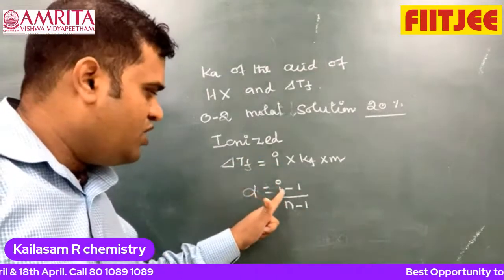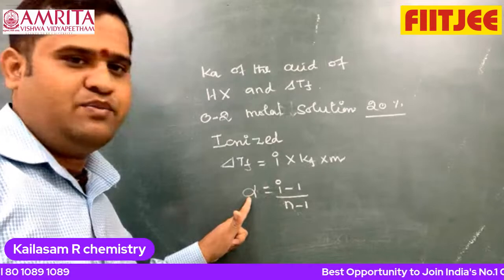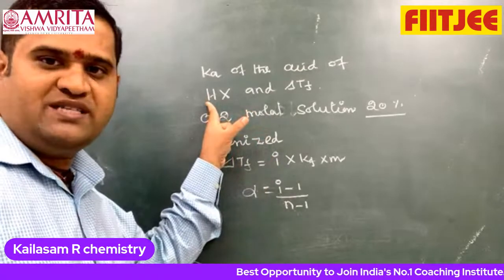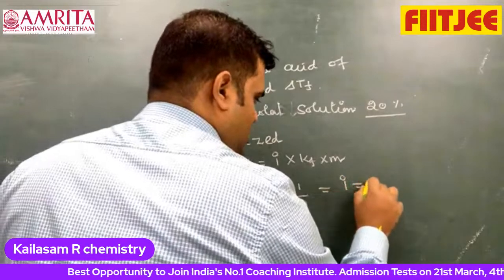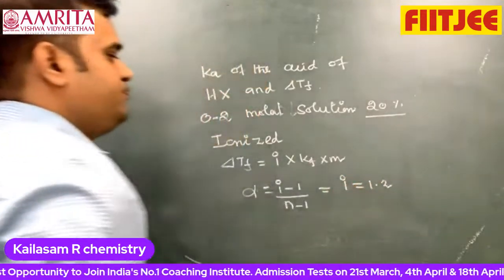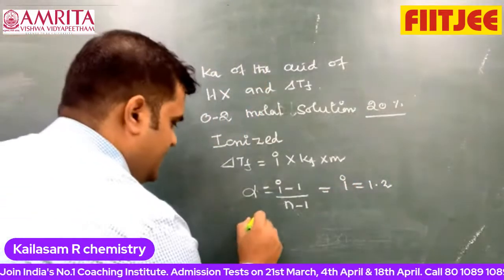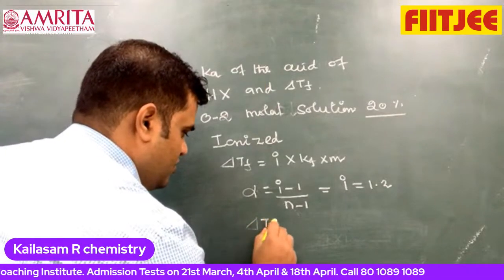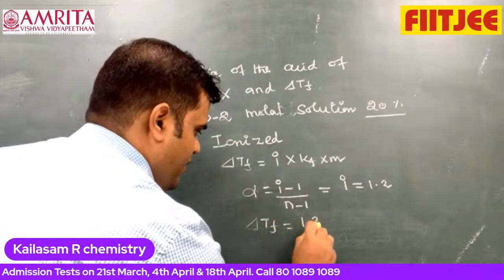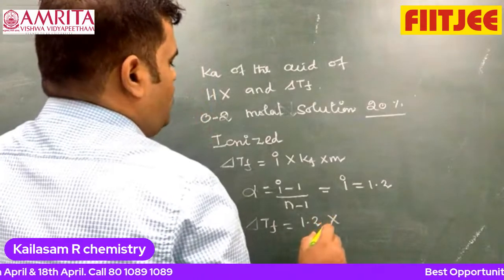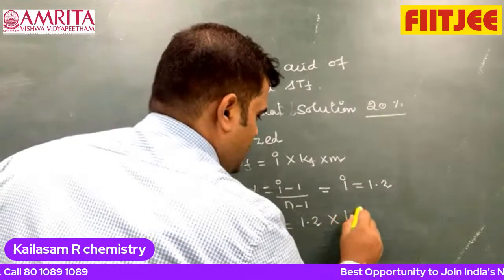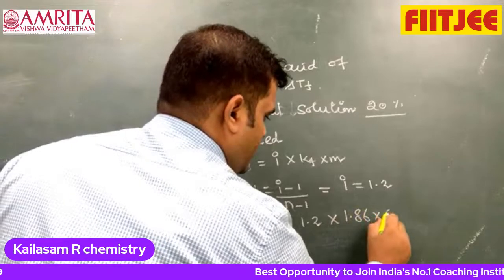I want to find i. Alpha is 20%, and HX is a monobasic acid, therefore i is equal to 1.2. Therefore delta Tf is equal to 1.2 into Kf, which in water is 1.86, into m.